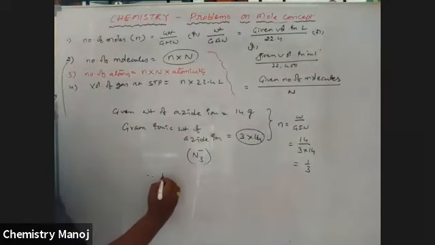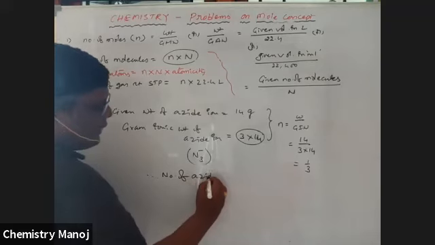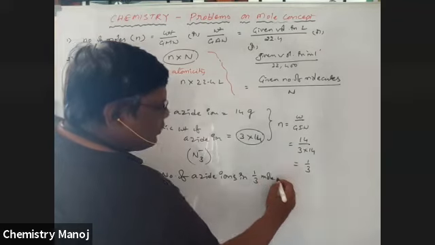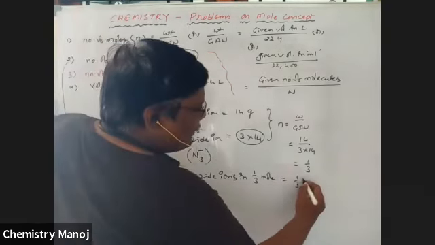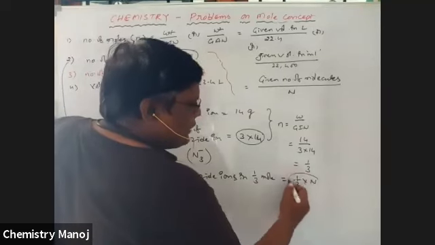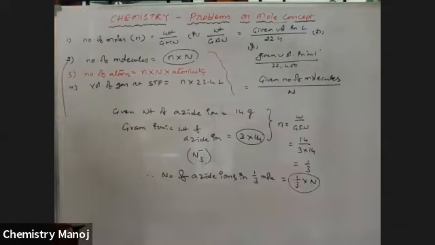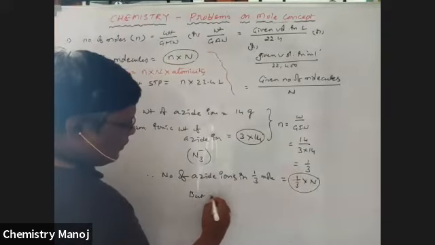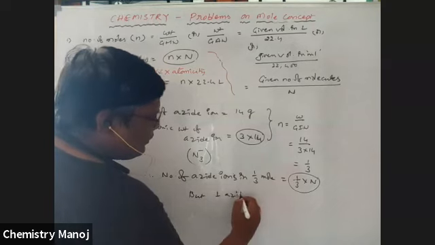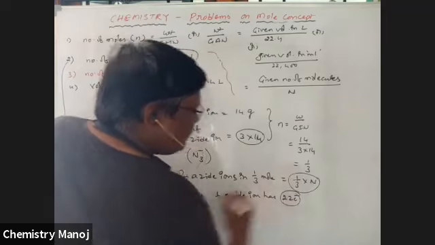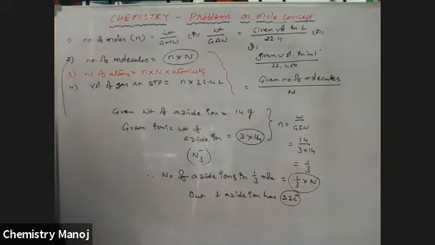Therefore, the number of azide ions in 1 by 3 mole is 1 by 3 into capital N. But one azide ion has 22 electrons.